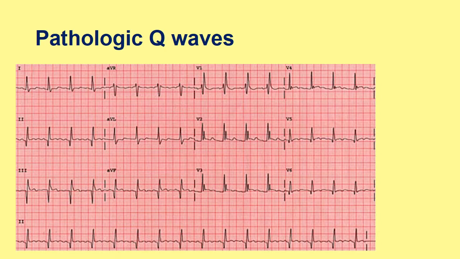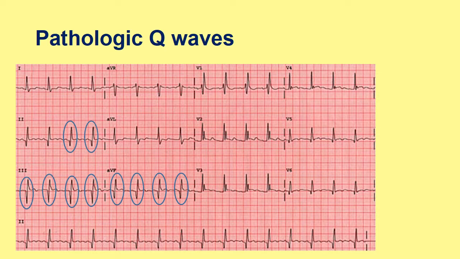So let's look at this ECG. Can you spot any Q waves? Pause the video and see if you can. Okay. So I'm going to circle all the Q waves. There's a Q wave there, and you can see how long that Q wave is. Lead 3 has a lot of Q waves, and then AVF as well. That's very long.